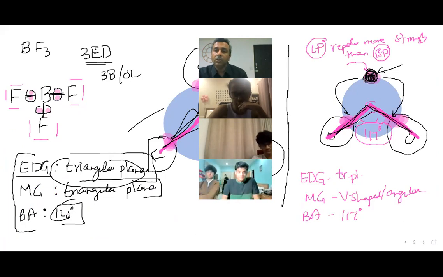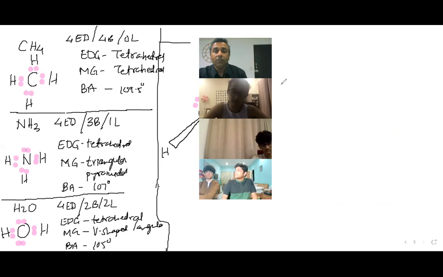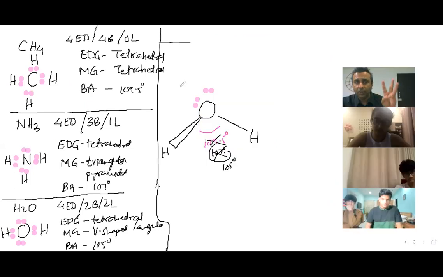There is no atom there, so it's V-shaped and the angle decreased to 117. Then for 4 electron domains we took 3 cases: all 4 bonded, 0 lone; 3 bonded, 1 lone; and 2 bonded, 2 lone. Okay, so please remember these 6 cases.